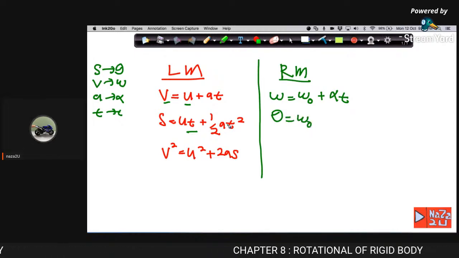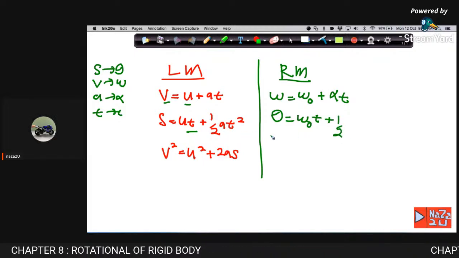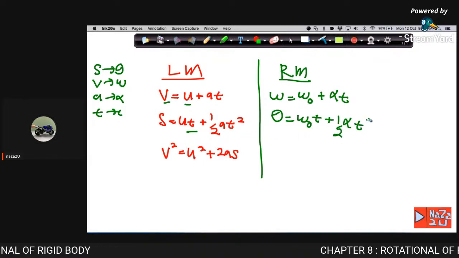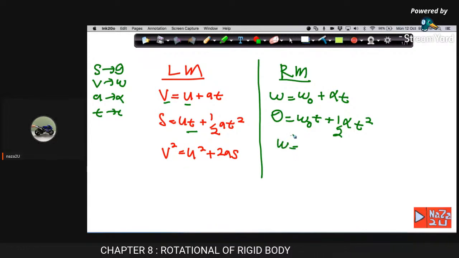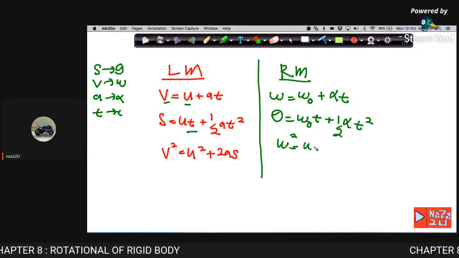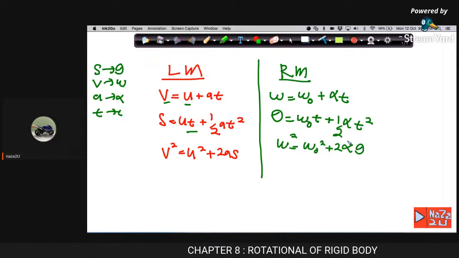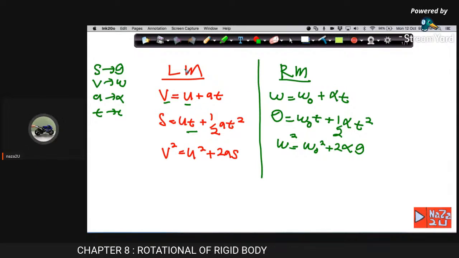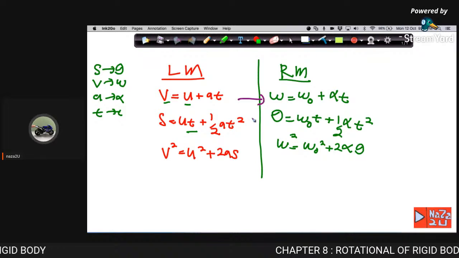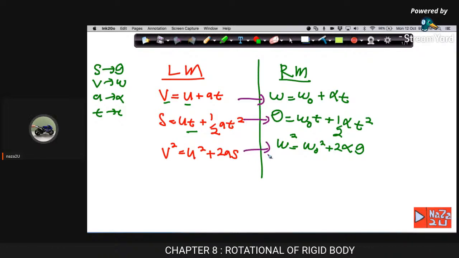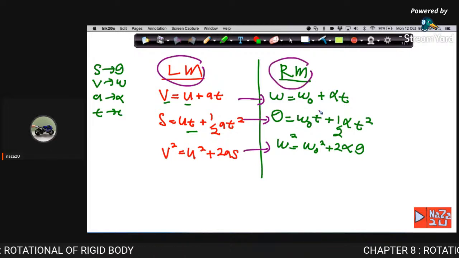U is omega naught and T, theta is equal to omega naught T plus half alpha T square. And the V here, omega square is equal to omega naught square plus 2 alpha theta. So kalau kita tengok kat sini, sama saja kaitan, cuma kita tukar dari segi simbol for linear motion and rotational motion.